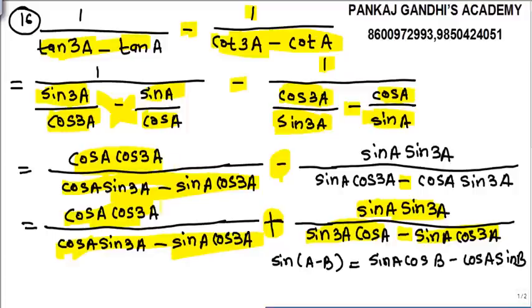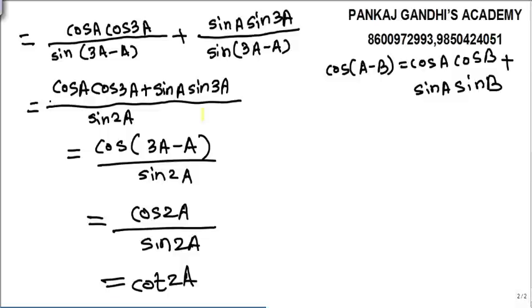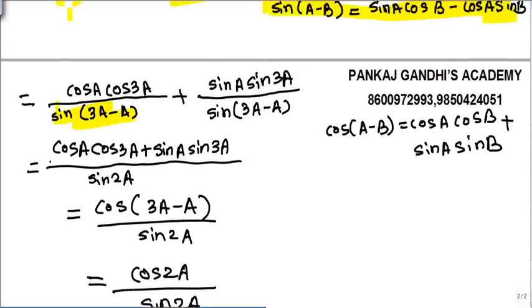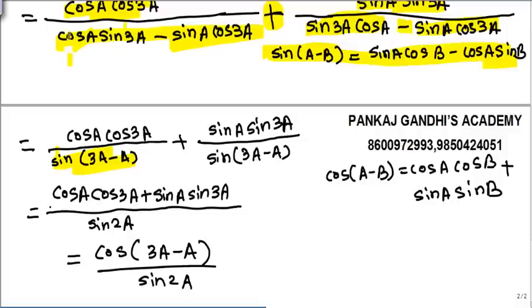Now see, from the values, as we see sin A, sin 3A, cos A, sin A, cos 3A, it means by using this formula, sin A cos B minus cos A sin B, we can write sin of 3A minus A. By using that formula, we can write in the denominator, cos A sin 3A minus sin A cos 3A, so we can write sin of 3A minus A.